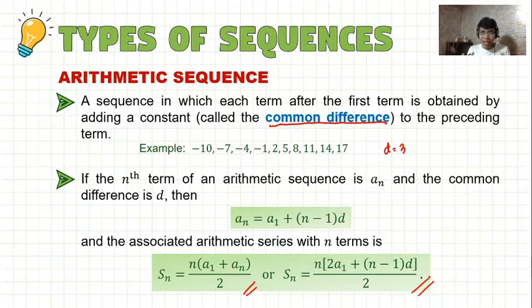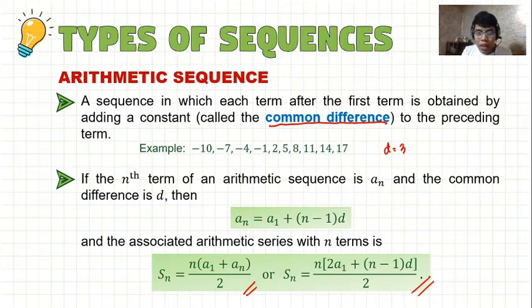Kasi either lalaki yung value, it will approach to positive infinity, or liliit yung value, it will approach negative infinity. So, walang sum na makukuha or walang series na makukuha. Okay? For infinite arithmetic sequence. But for finite, itong dalawa ang ating gagamitin.